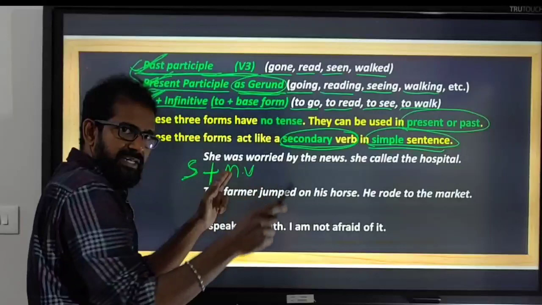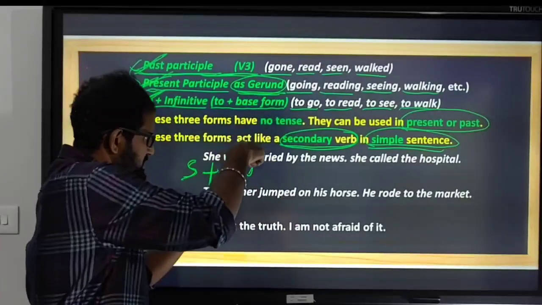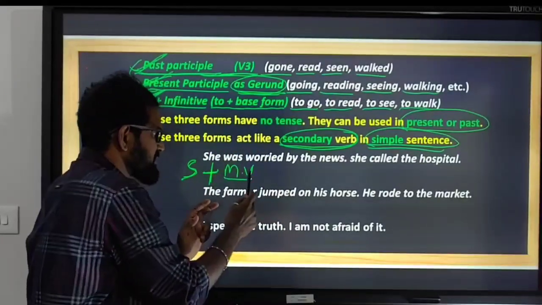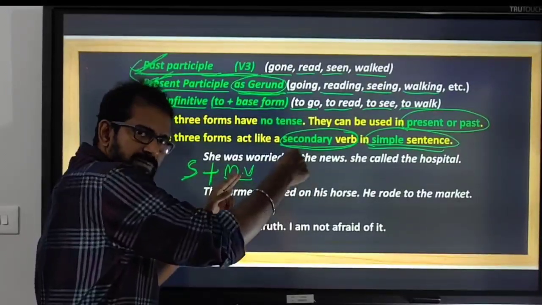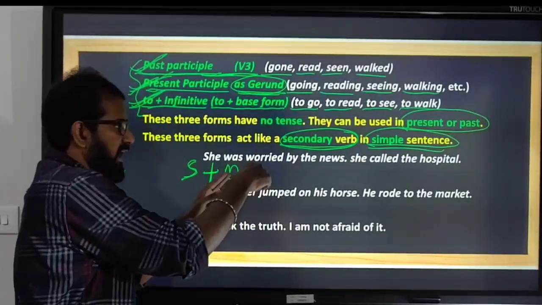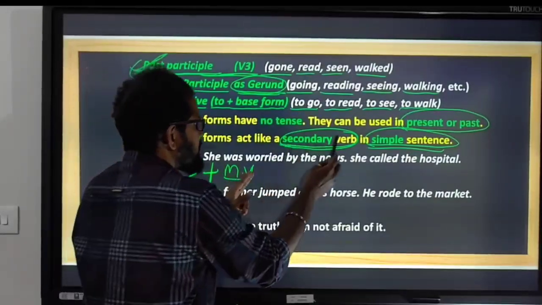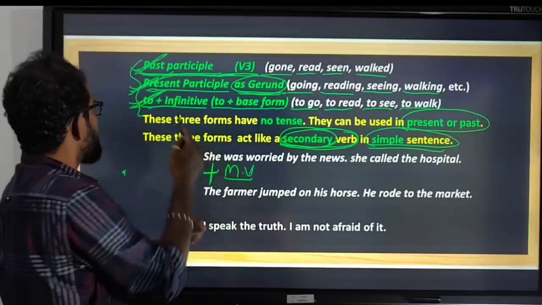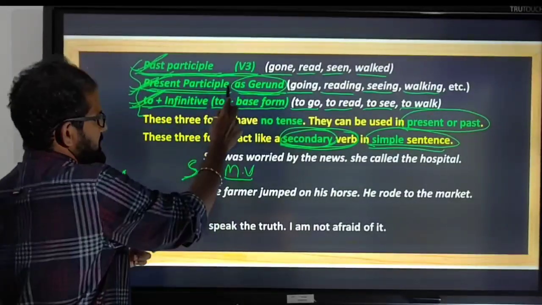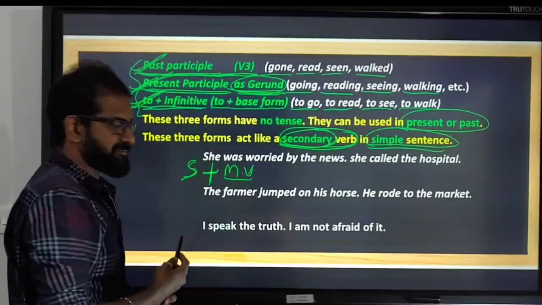The simple sentence accepts only one main verb, and all the remaining verbs we consider as secondary, making them into past participle, present participle as a gerund, or to infinitive.